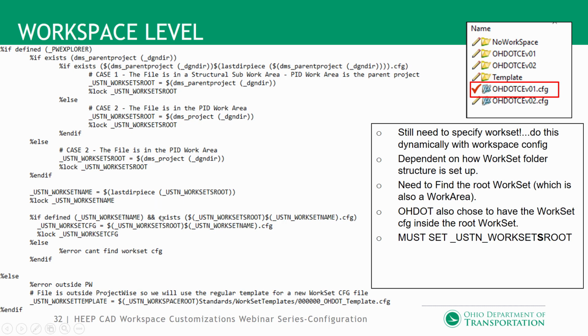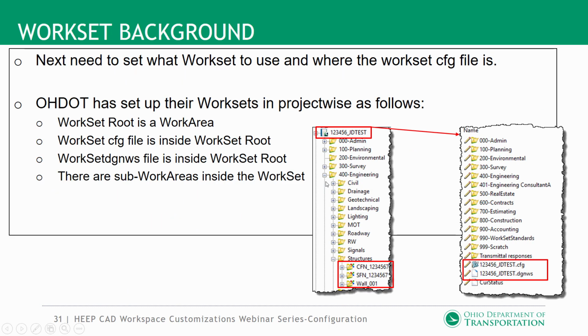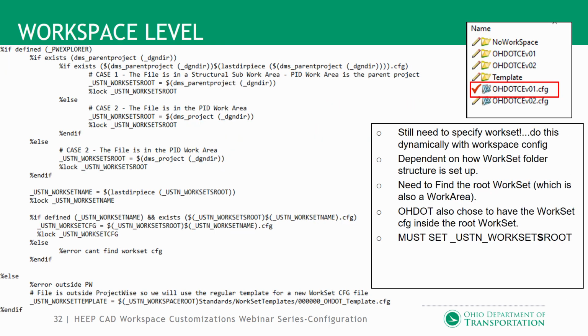And then the other thing I'm doing is within Projectwise, what we have decided to do is put our work set config file inside of our work area or work set, as well as the dgnws file to be within that PID folder or work set folder. These aren't the default locations, so we have to specify them.